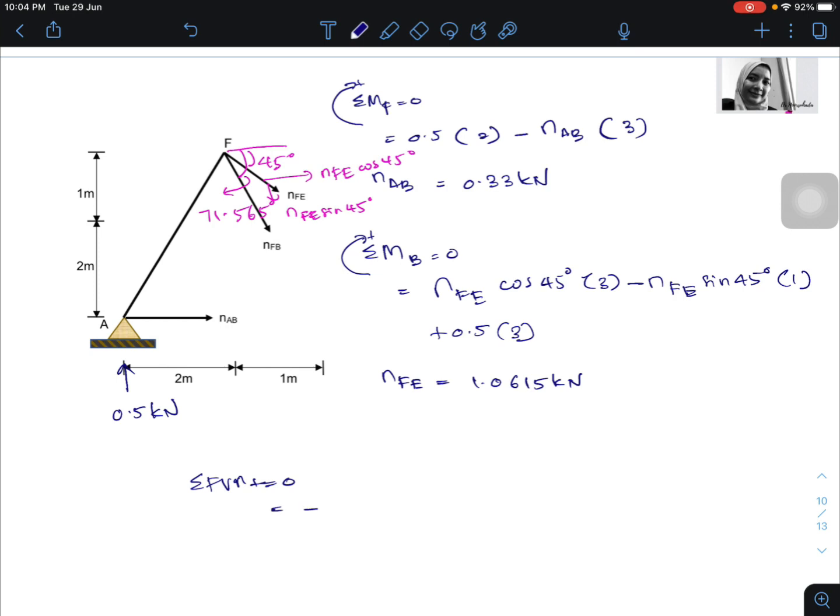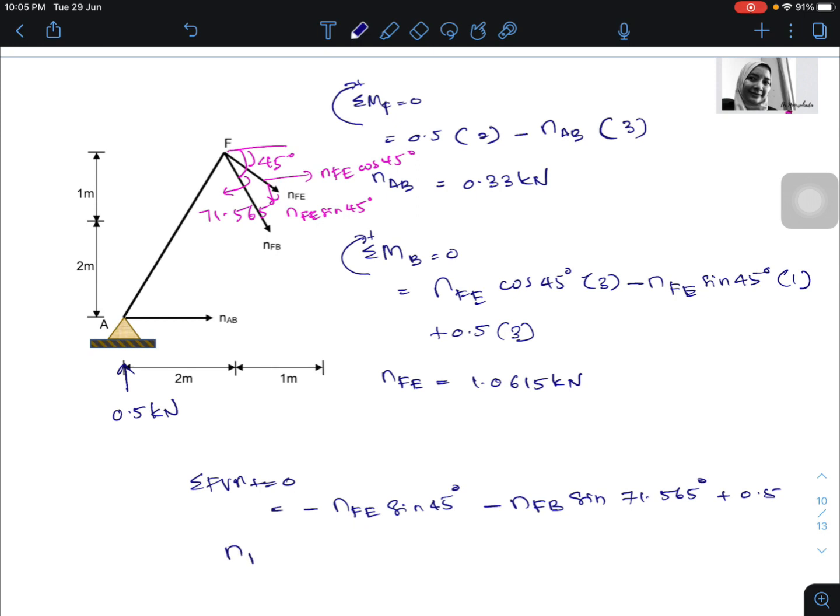And finally, I'm using the vertical equilibrium equation for determination of NFB. So equal to negative NFE sine 45 degree, and then minus NFB sine 71.565 degree for this one on the y-axis, and then plus 0.5.